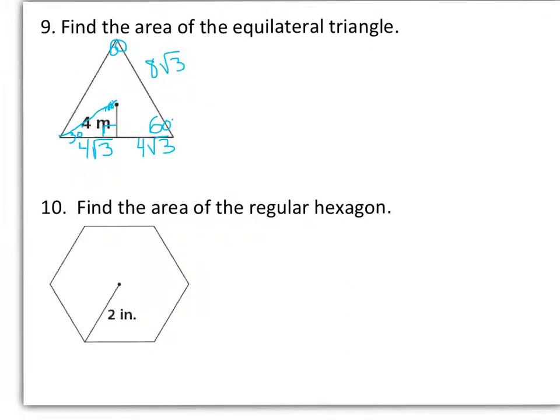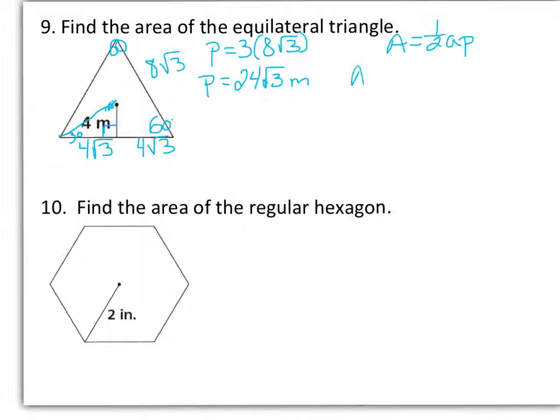Okay, so now we know sides are 8 square root 3, apothem is 4. So remember, area will be 1/2 apothem times perimeter. For perimeter, we need to take 3 times 8 square root 3. So perimeter is 24 square root 3 meters.